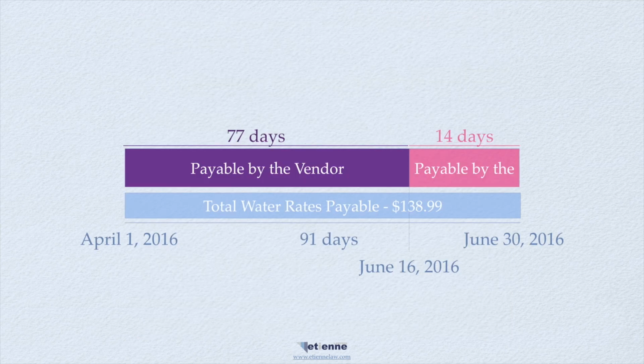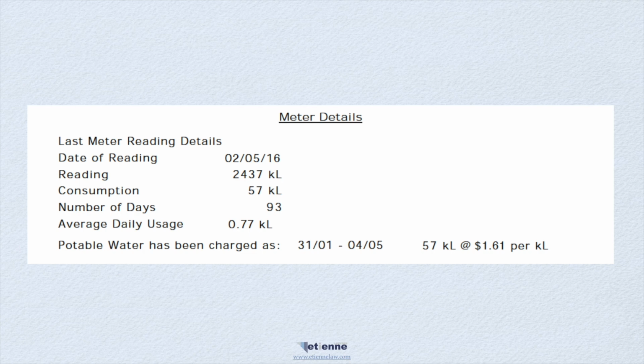We follow the same procedure and adjust. Again, there will be 14 days which you need to pay for the quarter, and we work out the adjustment of what 14 days is to the water rates. Similarly, we also obtain for you the water used by the vendor.